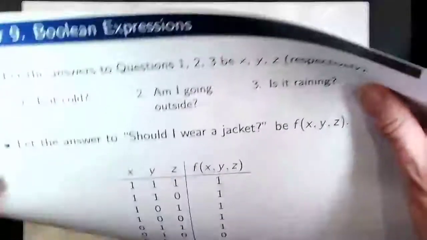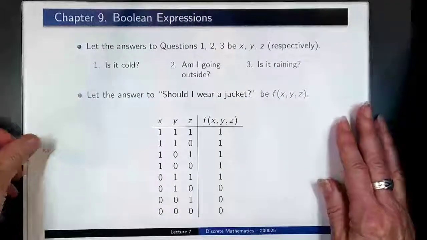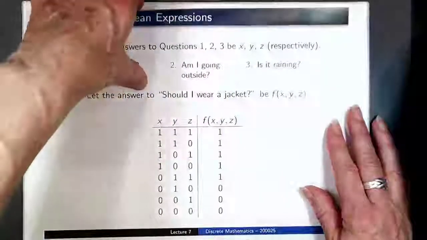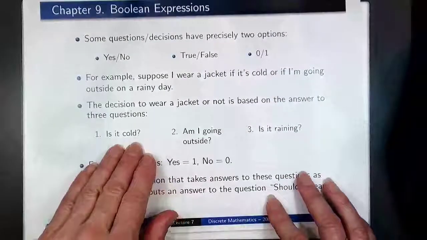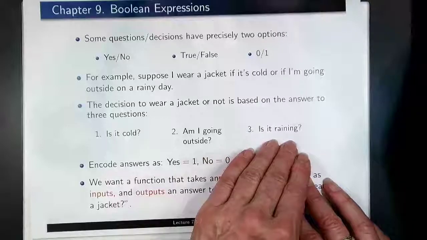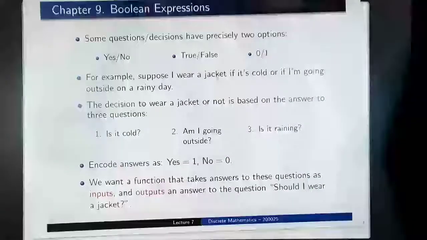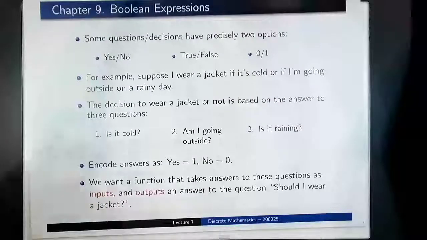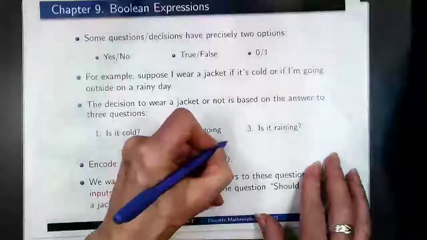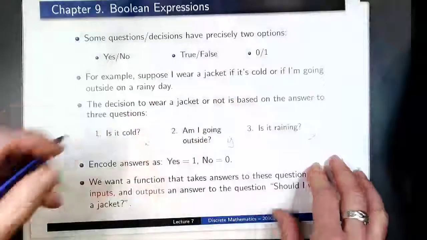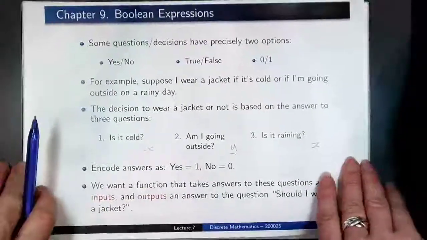So let's say the answers to questions 1, 2, and 3, that's is it cold? Am I going outside? Is it raining? Let's call the answers X, Y, and Z. The answer to that one is X, the answer to that one is Y, and the answer to that one is Z, and it'll be 1 if it's yes and 0 if it's no.